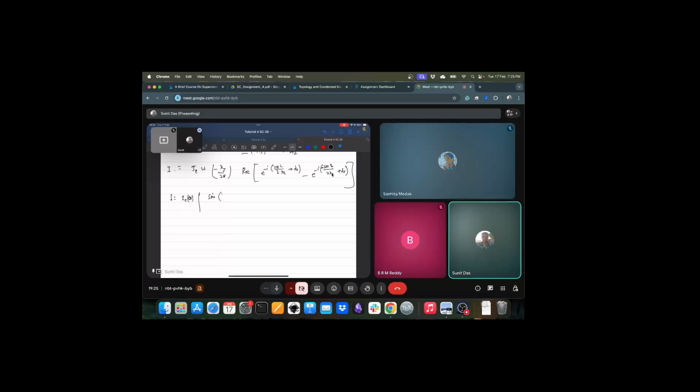Sine of phi b by phi 0, and then sine of delta 0. Okay, so where we have used this transformation. 2 pi by 2 lambda j is nothing but 2 pi by 2 phi 0 times the b times the area, right?